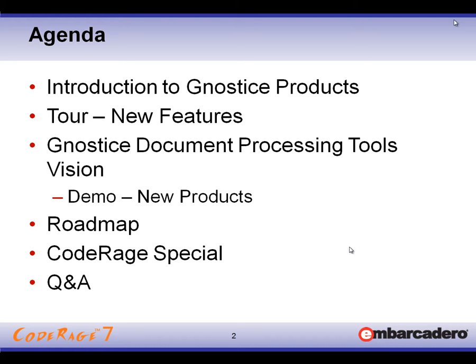While we do that, we'll see demos of products that we have already realized of this vision, and these demos will be in Delphi Prism, while the demos in the first part of the presentation will be in Delphi. We'll then close with information on our roadmap and some CodeRage special offers and Q&A.